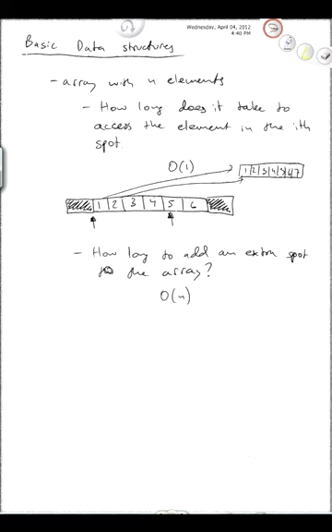So 1, 2, 3 I have to copy over, 4, and so forth. So it's really this copying that gives us the O of n running time, because I have to copy each one of the original elements in the array to the new spot in memory. And the reason I have to do this is because I'm trying to maintain the property of arrays that everything is contiguous, one after each other in memory, which gives me that fast access time that we saw at the beginning.